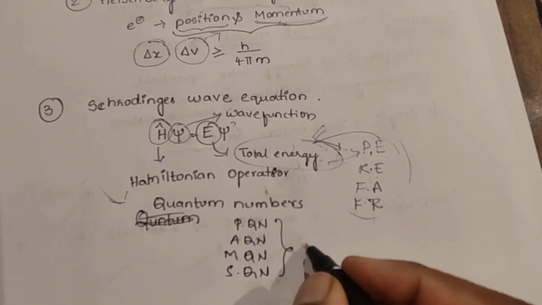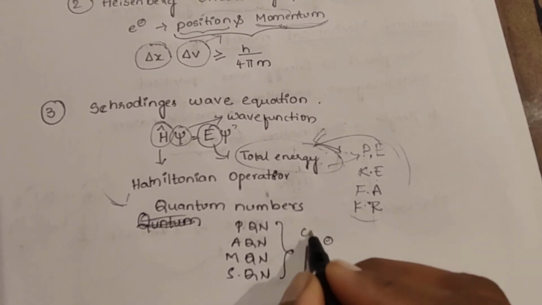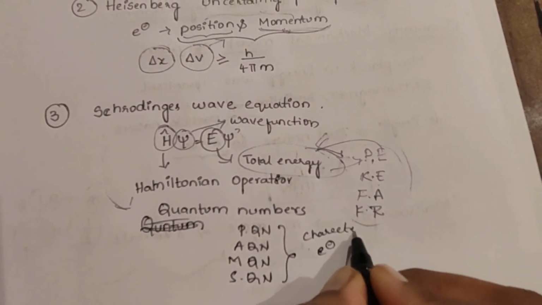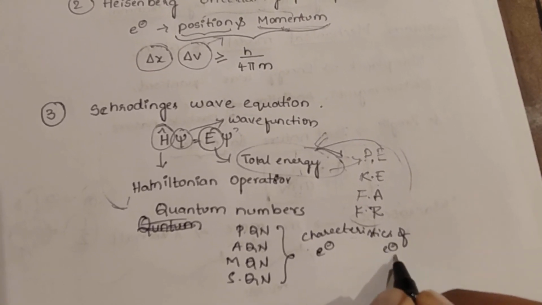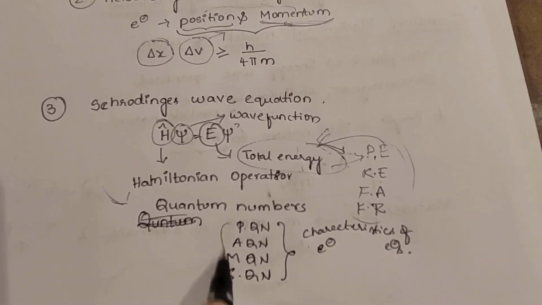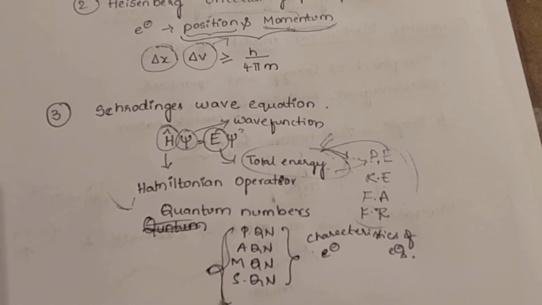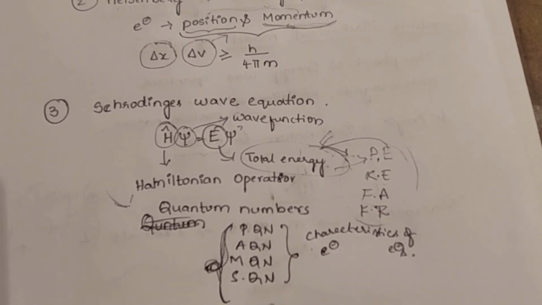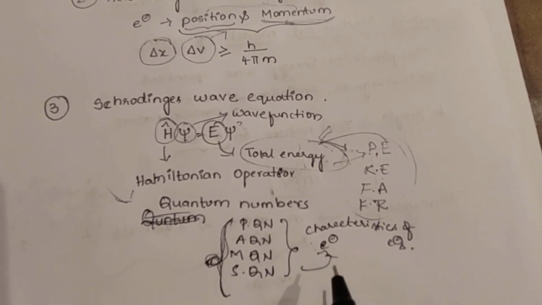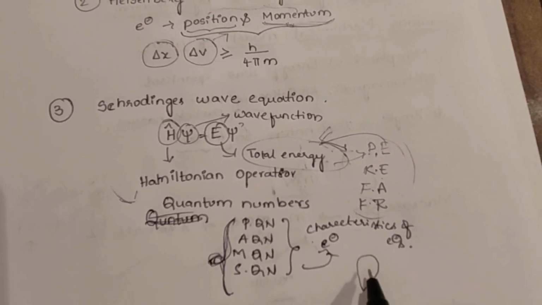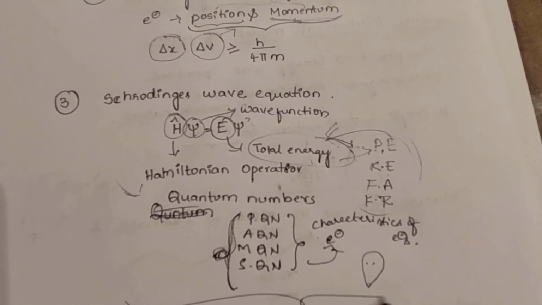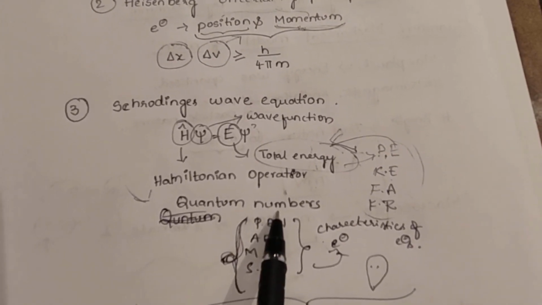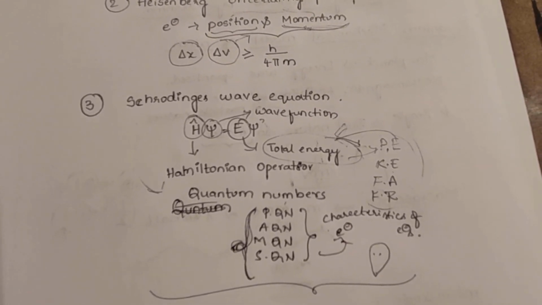These quantum numbers are generally used to describe the characteristics of electrons. It also gives information about the electrons. Exactly, we can say that quantum numbers give the address of the electron, means how the electrons are present within the atom. This information is all given by the quantum numbers.